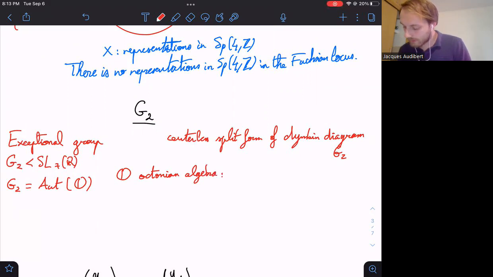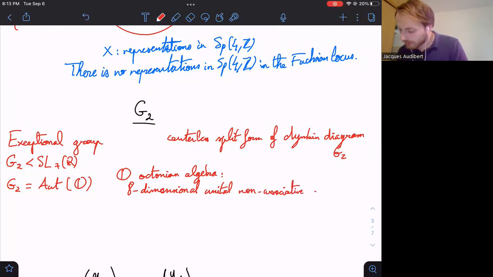It is an eight-dimensional, unital, which means that there is a neutral element for the multiplication, non-associative algebra. It's eight-dimensional over R.